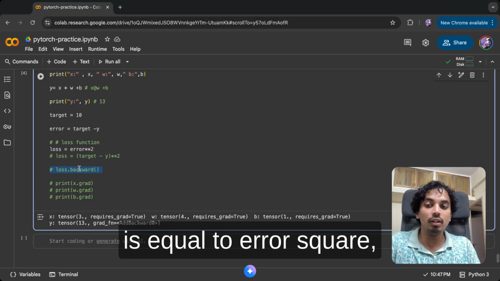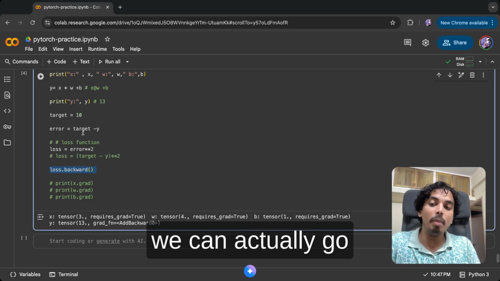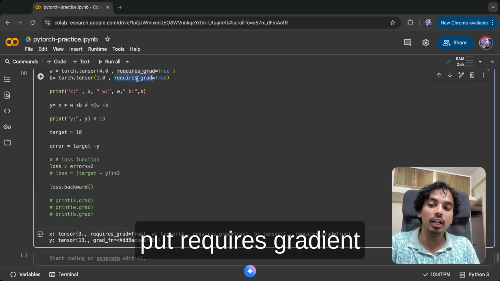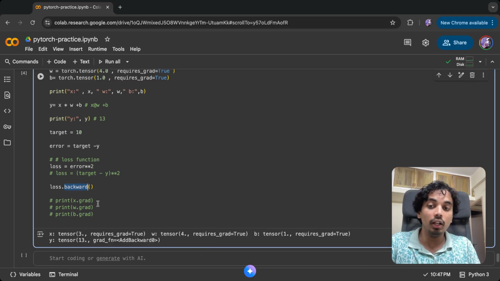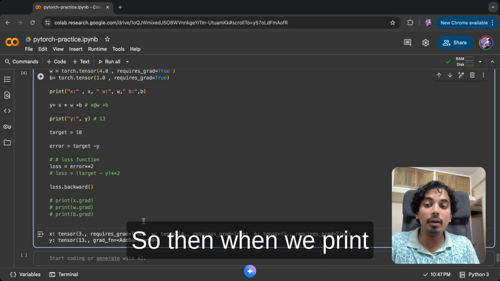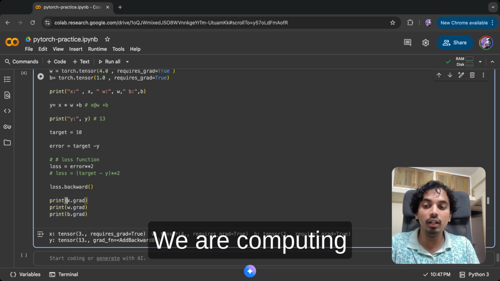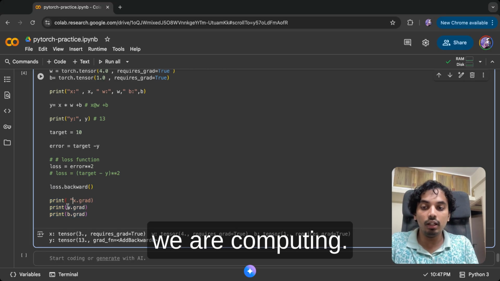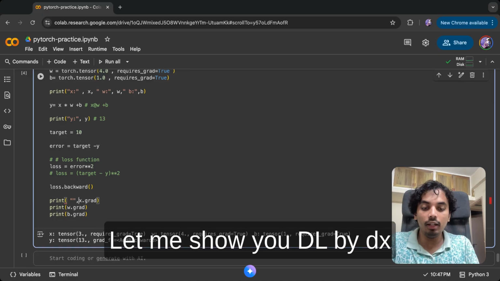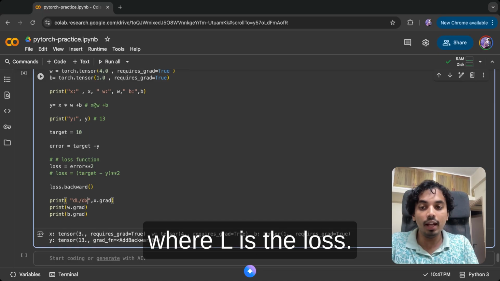Now that we know that loss is equal to error square, we can go backward because we have put requires gradient true. We can go backward on the loss. So when we print x grad, what exactly are we computing? We are computing a very simple thing: dl by dx, where L is the loss.